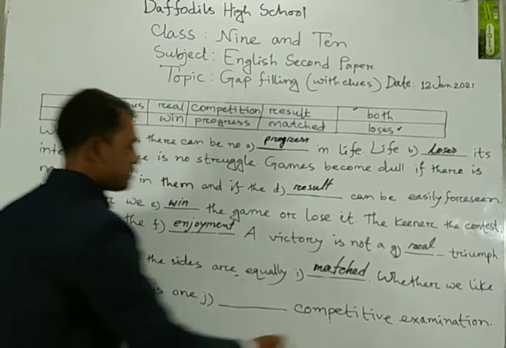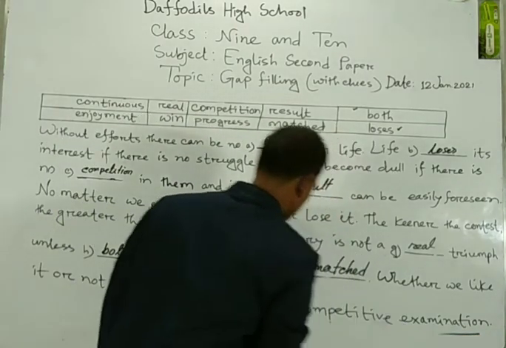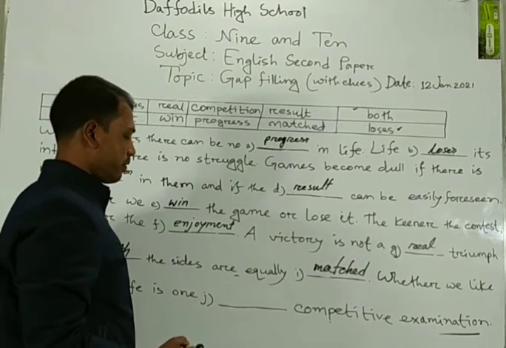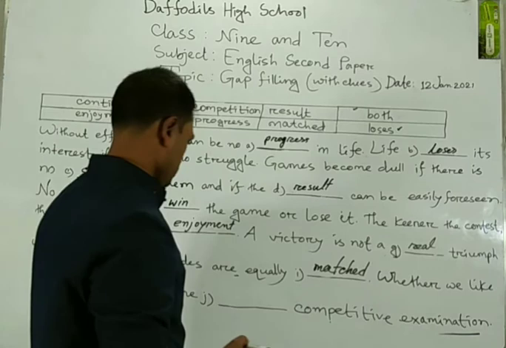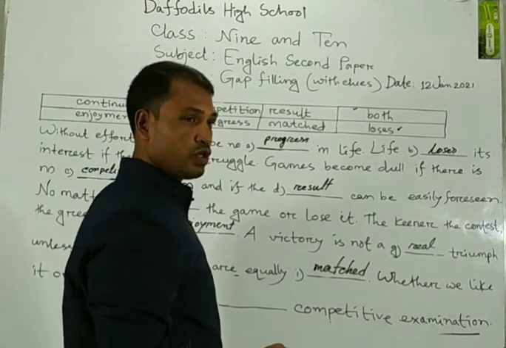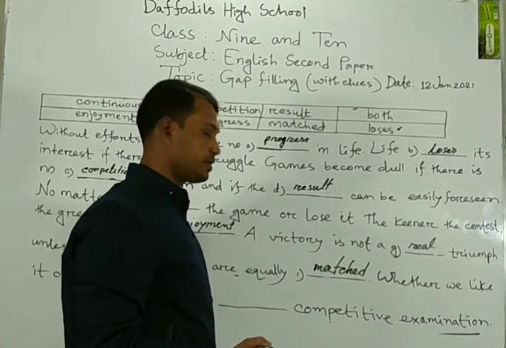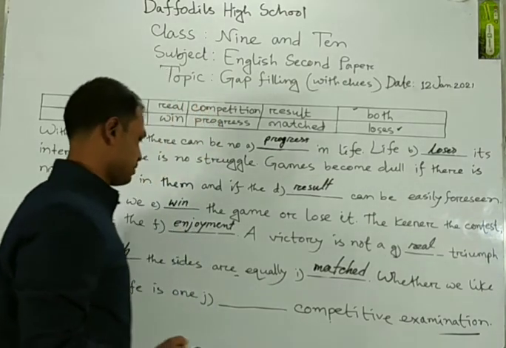Dear learners, as it is a noun, we know that a noun can be modified by two or three adjectives. A noun can be modified even sometimes by two adjectives.